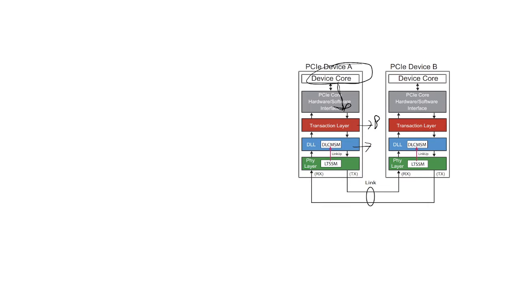Once they are sent to the data link layer, every packet gets a sequence number and LCRC. LCRC is the link layer CRC, which is 16 bits, and the sequence number is 12 bits.